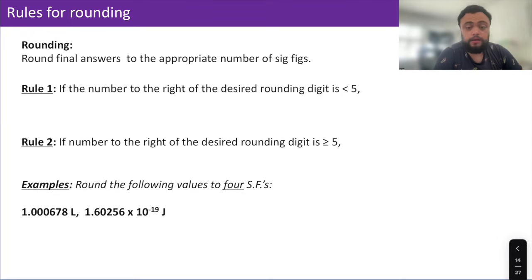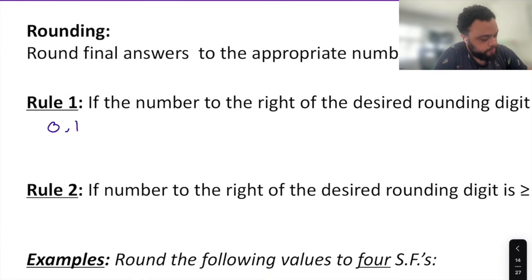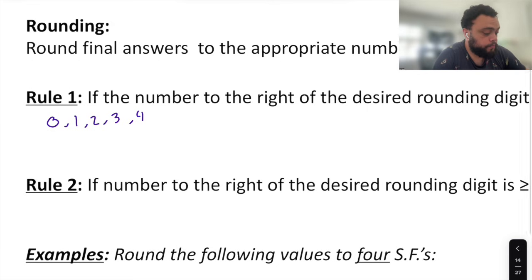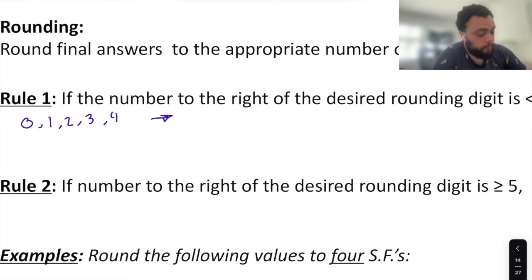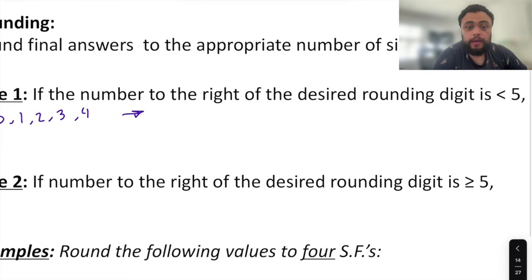If we need to round, if the number is less than five, so that means if a number ends in zero, one, two, three, four, that's it. Zero, one, two, three, or four. You will get rid of that number and make it into a zero.